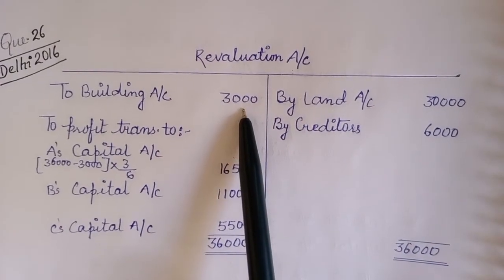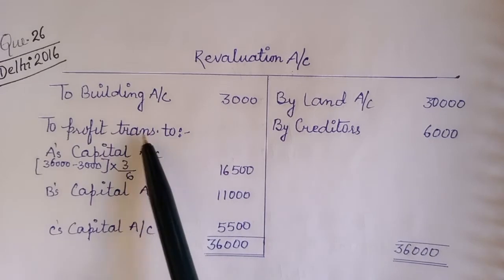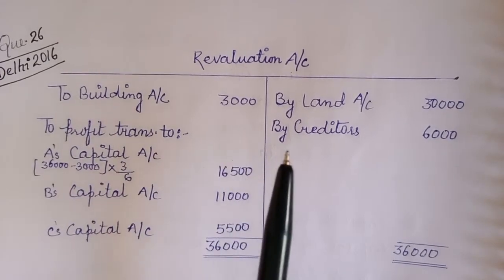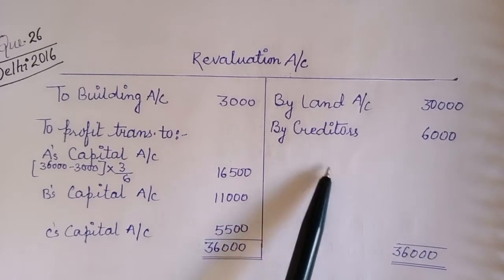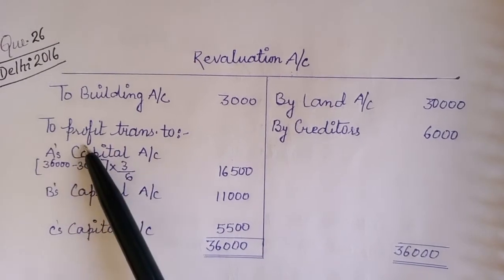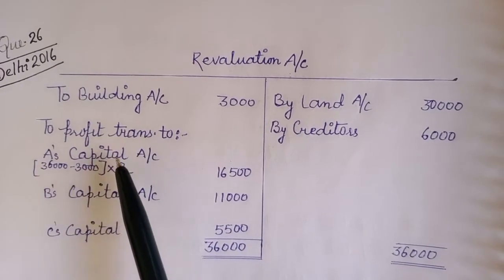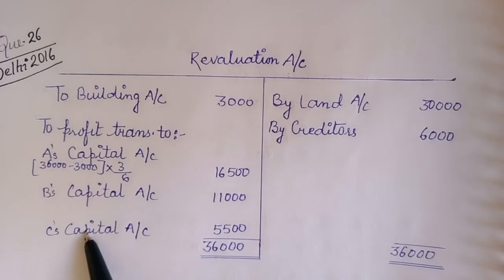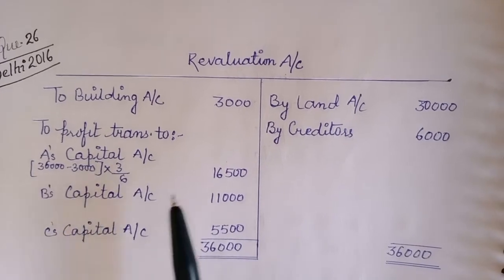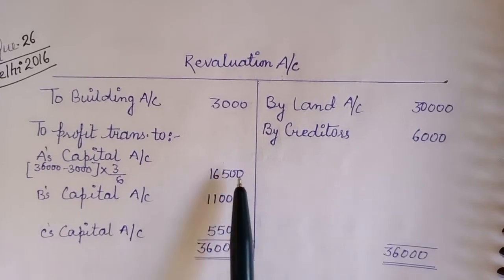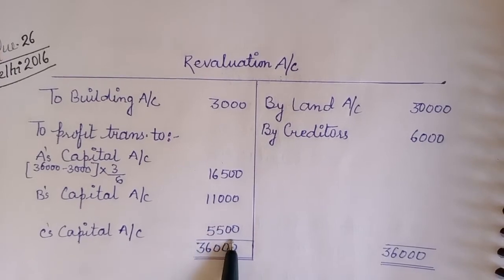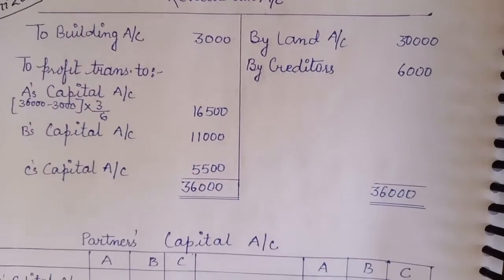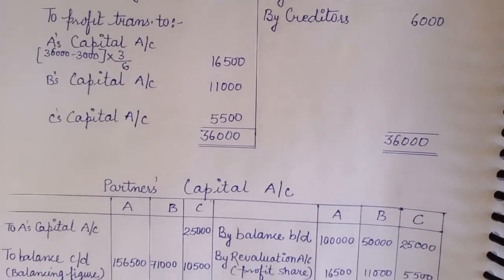So we are getting 33,000 as the profit. If it were a loss, the difference would be in the credit side, but here it is coming in the debit side, so that is the profit, and that will be transferred to the partners capital account in their old profit sharing ratio. So the amount comes out to be 16,500, 11,000, 5,500.